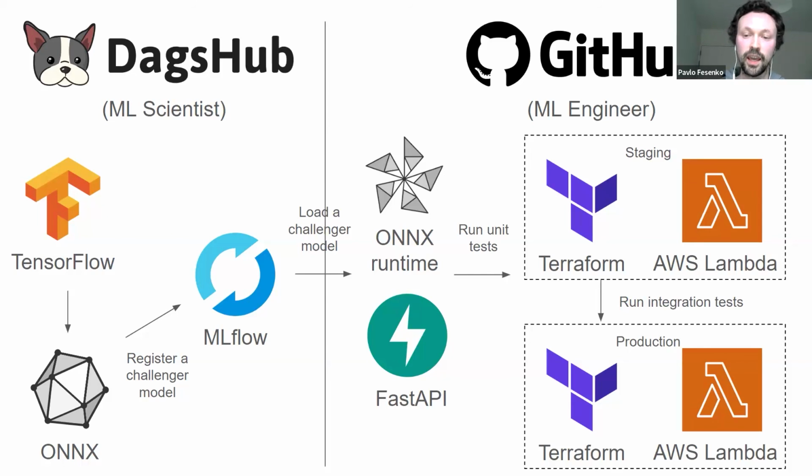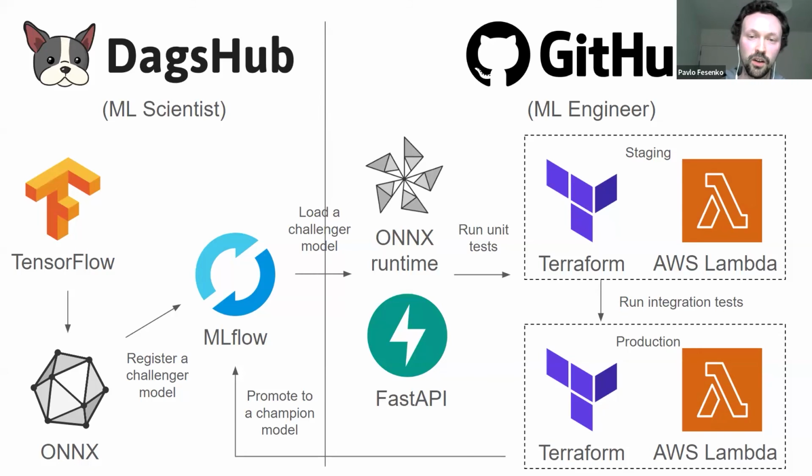And if this is the case, we can create an identical environment in production and push our model there. And finally, we can promote this model to a champion alias and register it in MLflow so everybody can see, all our ML scientists, that it's running in production.